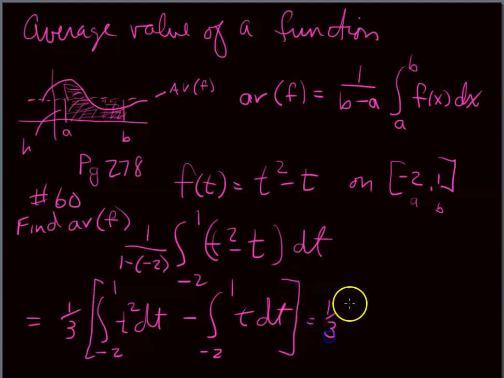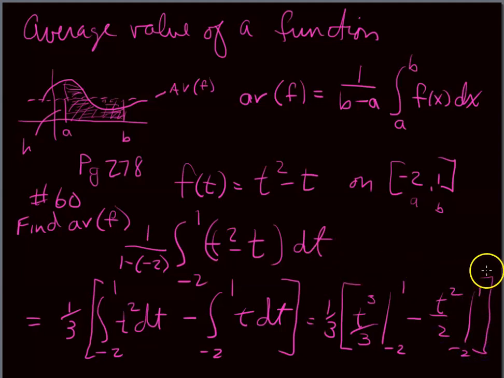This is 1/3 times t cubed over 3 from a negative 2 to 1 minus t squared over 2 from a negative 2 to 1.